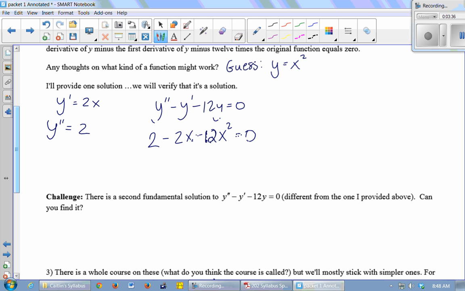Always, for any x? No, this is not true for all x's. There might be an x that makes that true, but I'm looking for a function that makes that equation always true. So do you think a quadratic's going to work?